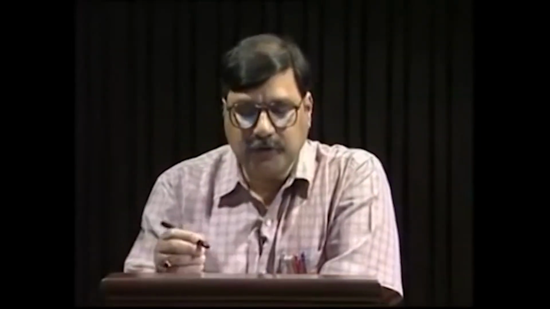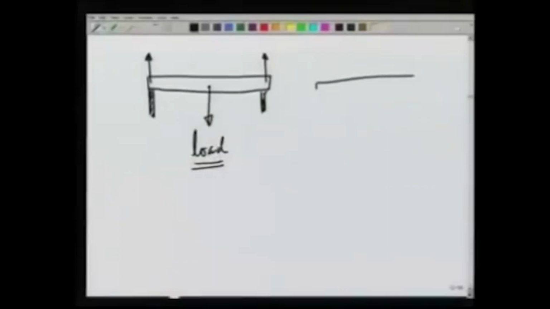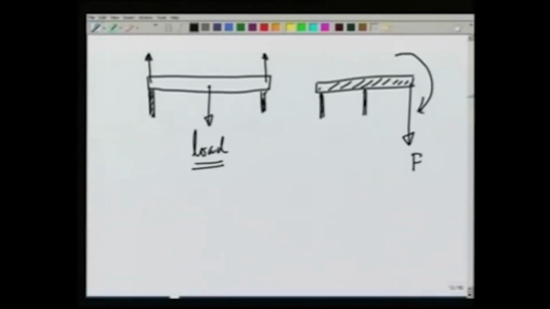When we apply force on an extended body, experience tells us that the extended body not only can move, it can have some more effect on it. For example, if I put one support here and one support here and apply the force this way, you know that this body is going to rotate like this.